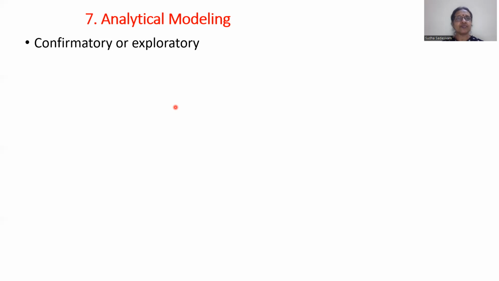Models can be of two types. They can be either confirmatory or exploratory in nature. Exploratory is used to extract the characteristics of data, whereas confirmatory is the final model that can be uploaded as a deployment model into the framework.